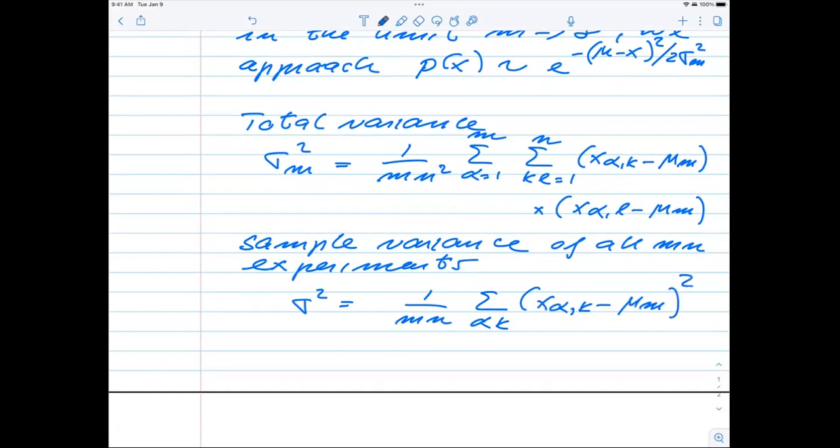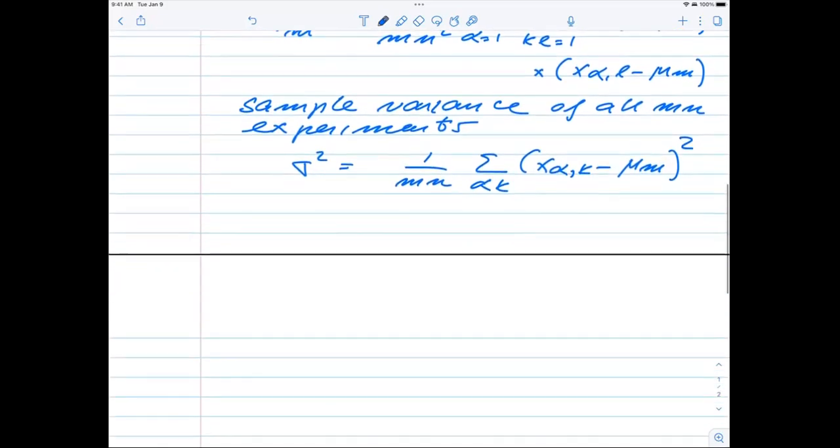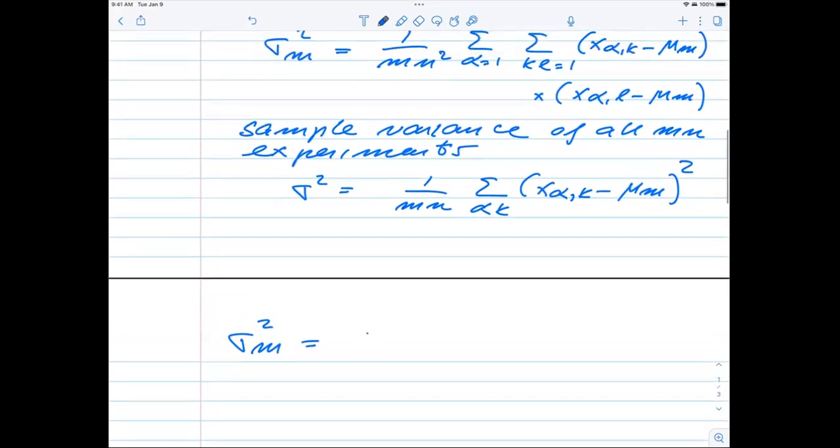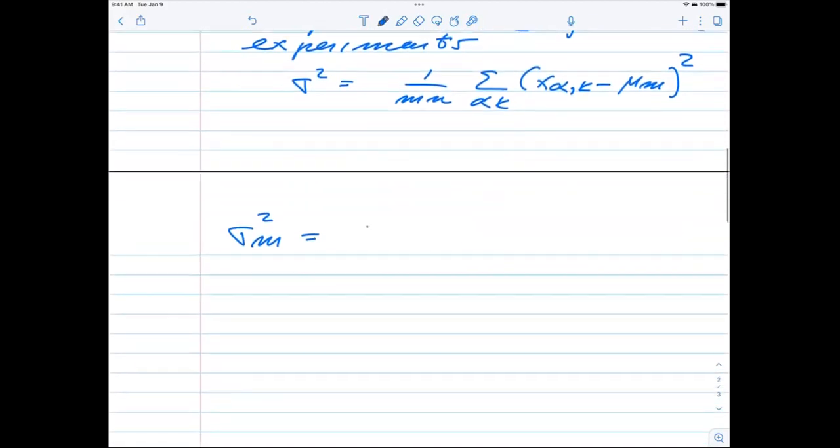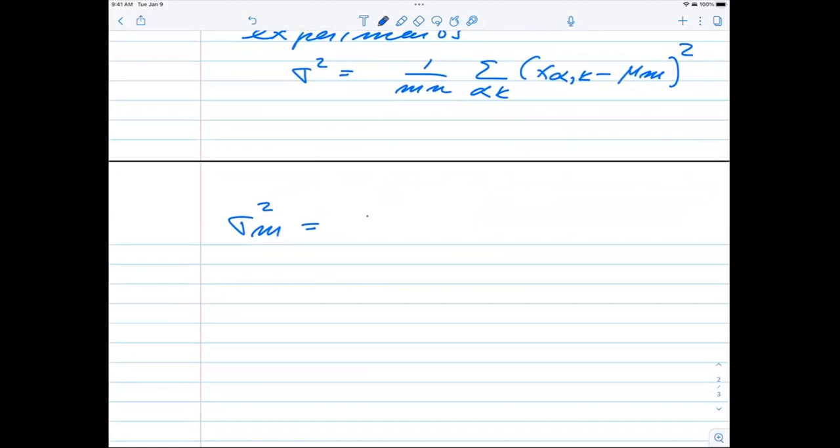Now, what we did last time was to rewrite this in terms of two quantities, and we rewrote that total variance, sigma m squared, when we took out in the equation which you see here for the total variance. We just split this in the diagonal term with k equal to L, and then we had the non-diagonal term. And if these events are not correlated, then the non-diagonal term should approach 0 in the limit of an infinity of experiments.